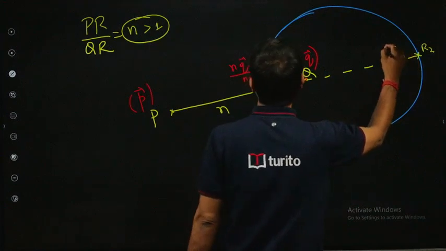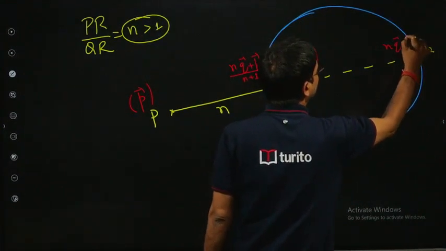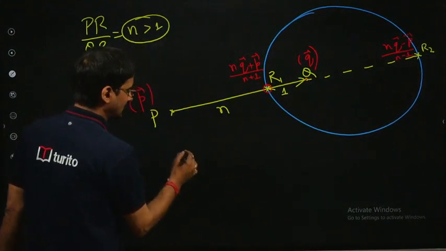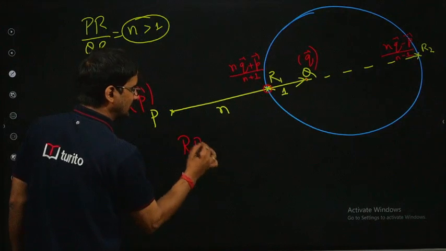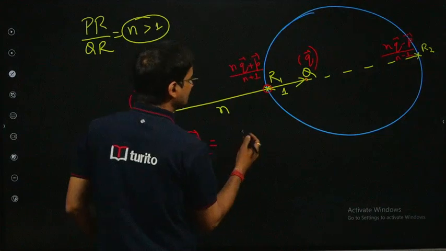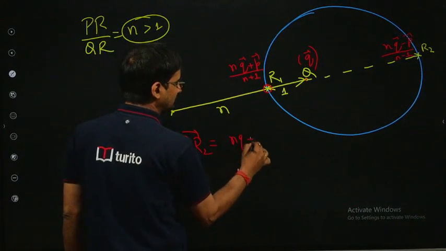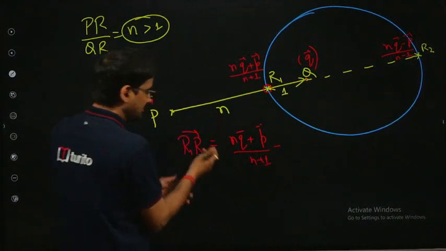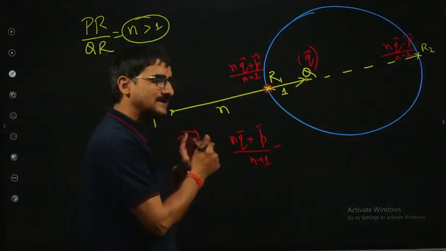Similarly, this will be n vector Q minus vector P upon n minus 1, external point of division. Now I just try to write the R1R2 vector. So this is that minus this, or this minus that, whatever you wish. So I just wrote it as nQ plus P upon n plus 1 minus, see, ultimately I have to take its magnitude. Why so?